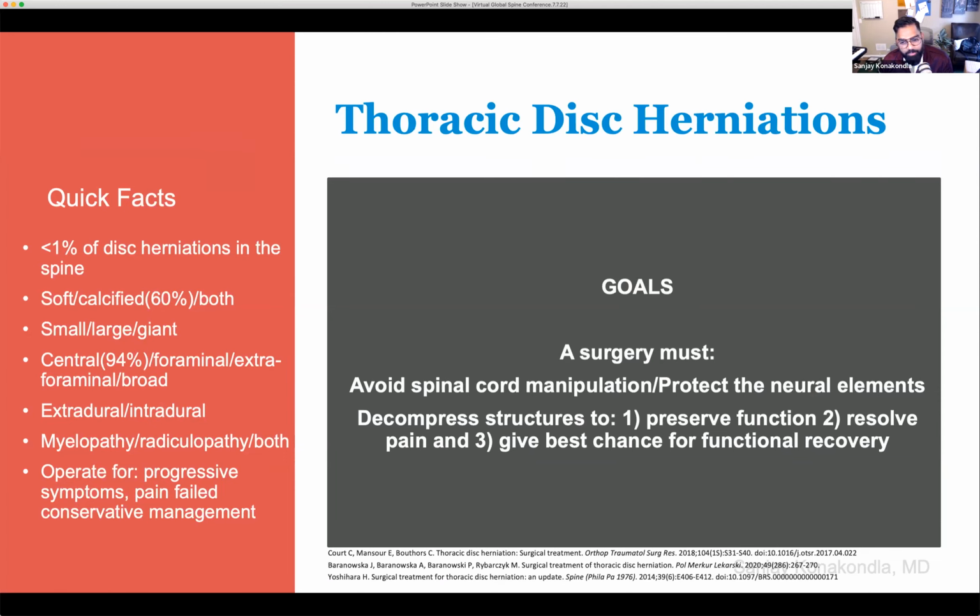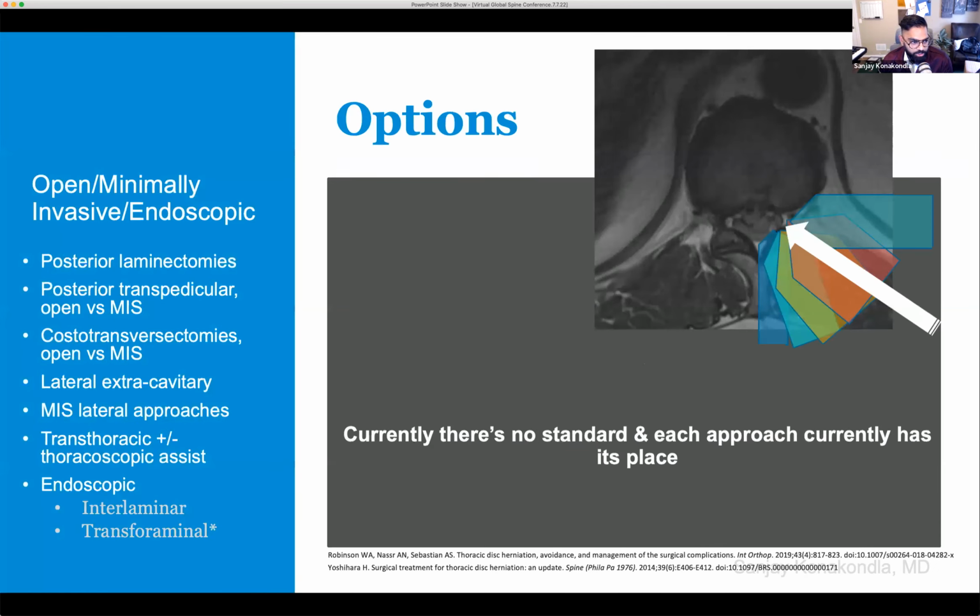They can be small, central, asymptomatic, all the way to large and giant with severe myelopathy or radiculopathy. And really what we operate on is progressive symptoms and severe myelopathy, or just bad radiculopathy that hasn't responded to medical management. The goal there is to preserve function, resolve pain, and give the best chance of functional recovery, all while avoiding spinal cord manipulation.